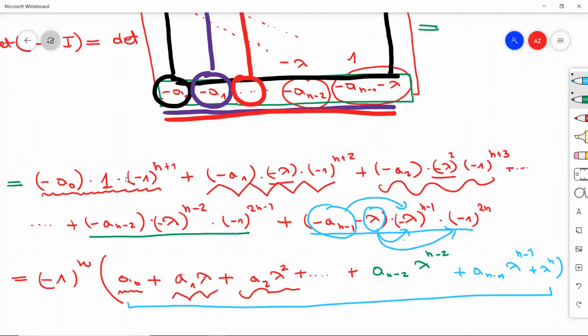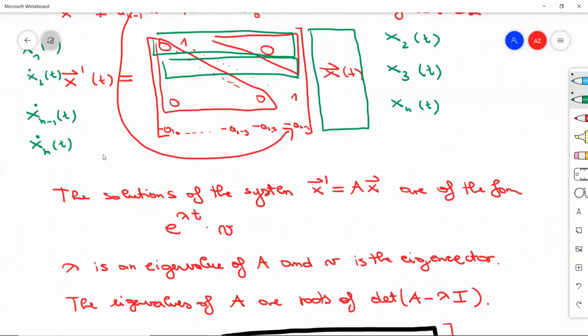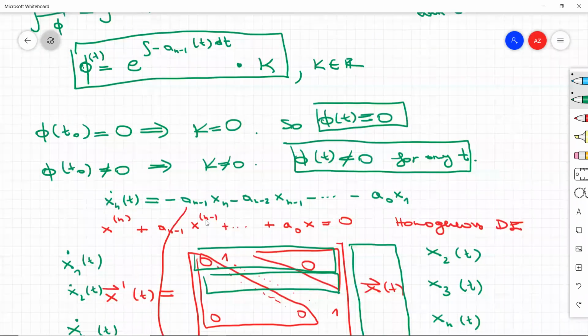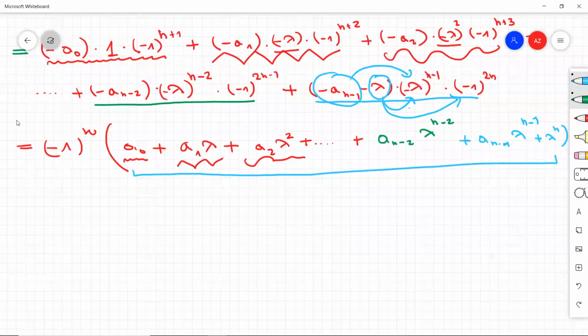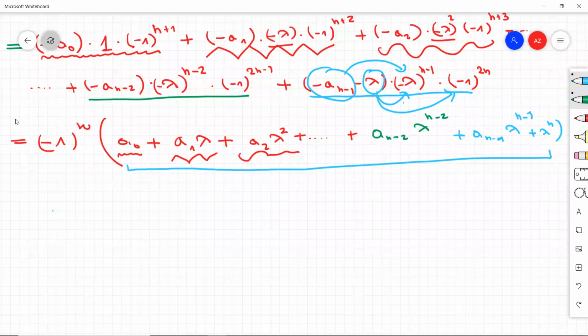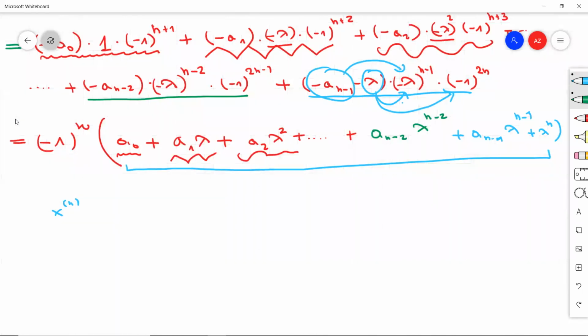So our differential equation was x n-th derivative plus a n minus 1 x n minus first derivative plus so on, plus a1 x prime plus a0 equals 0. And what we got here in the brackets is just replacing the i-th derivative with lambda to the i.